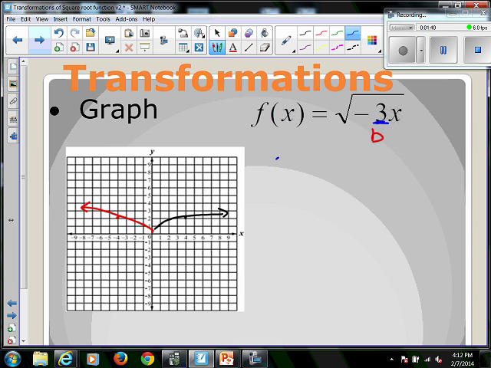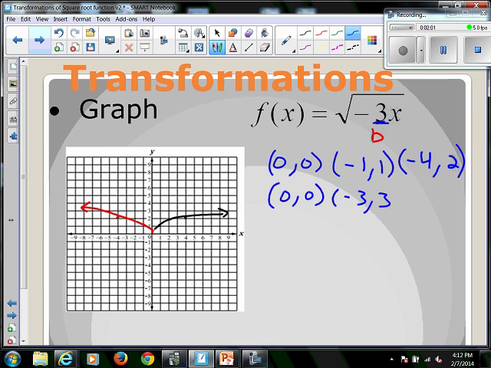So I'm going to take my 3 ordered pairs and multiply both the x and the y by 3. So I get 3 new ordered pairs, and I'm going to plot those 3 ordered pairs. And I have my new graph.